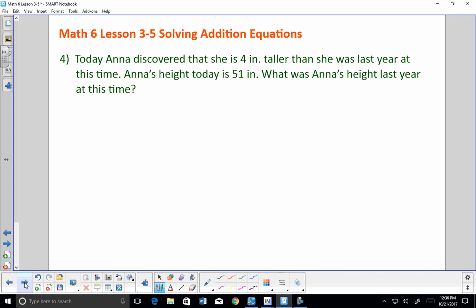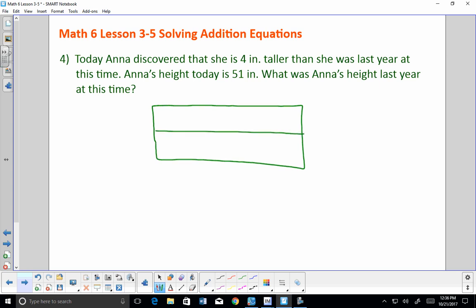So if I think again, remember, the whole equals the part plus the part. That would be Anna's height now. Should equal her height last year plus how much she's grown.